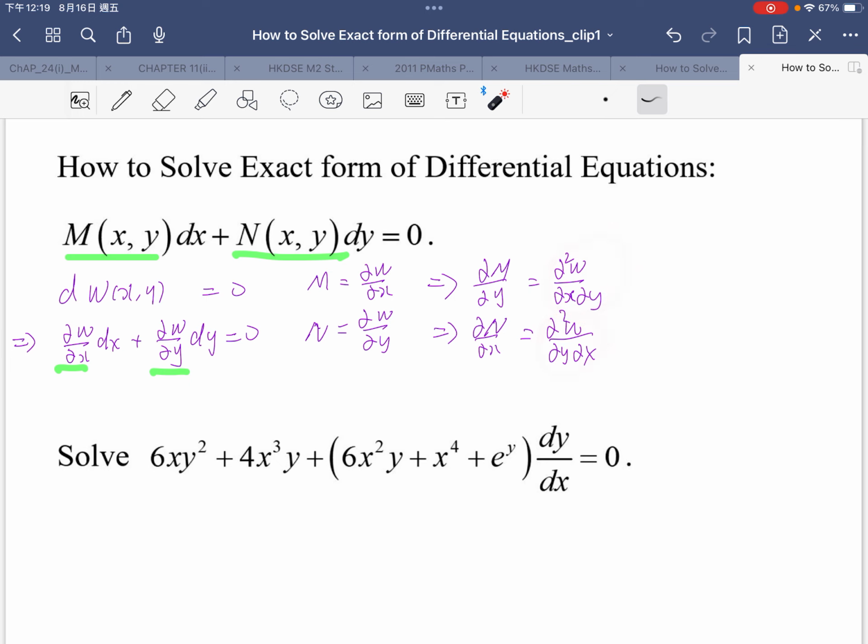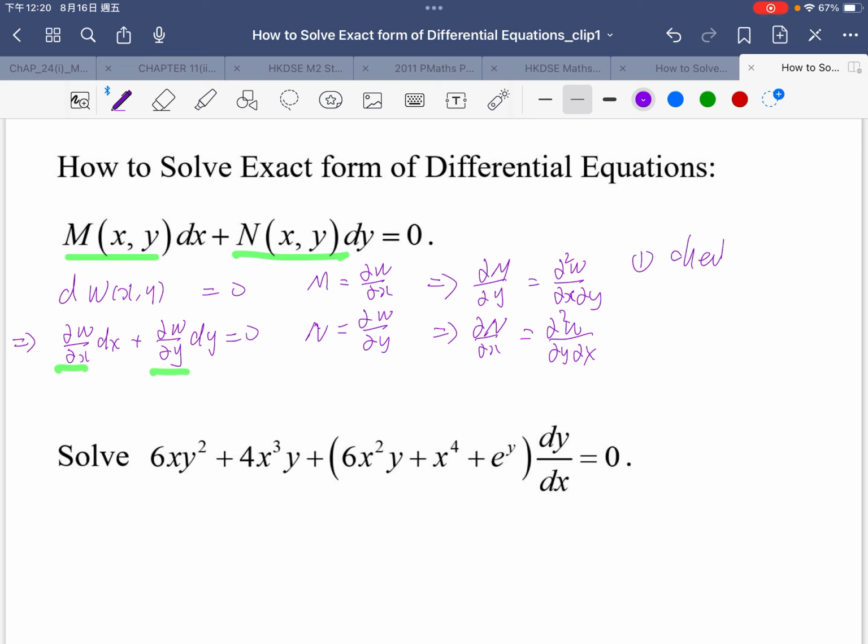In this case, if these two functions are equal, that means partial of this function with respect to y and partial of this function with respect to x are equal, if they are continuous and differentiable, then we can achieve that this form can be transformed to this one.